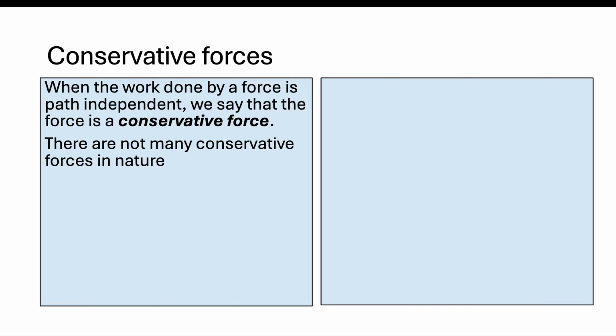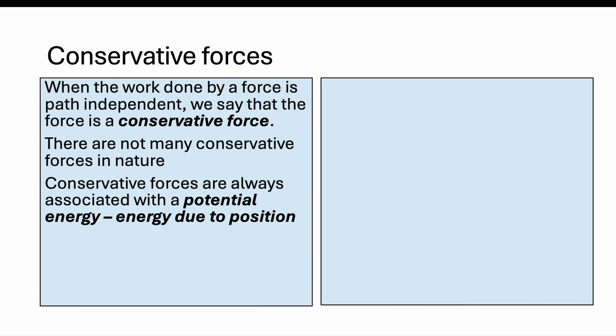The gravitational force is one of those forces. Anytime we do have a conservative force, we always associate a potential energy with that particular force, and it is energy due to position. So like for gravity, we have potential energy because it is raised above some ground level, some reference level, and because of that it has potential energy. We're going to find that we also have potential energy due to springs, and there's some others that we would see when we start to talk about electricity.